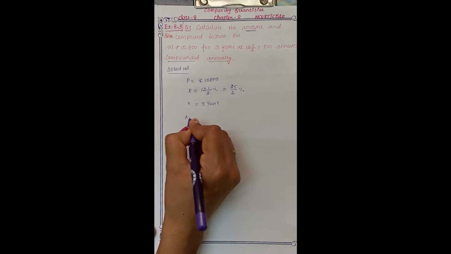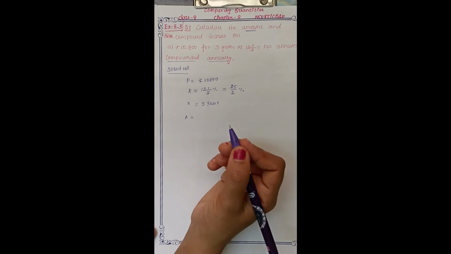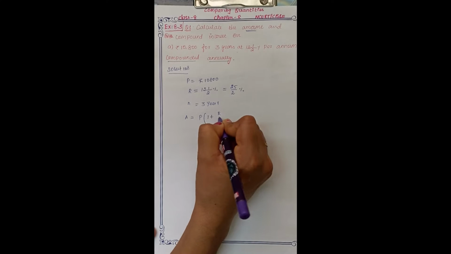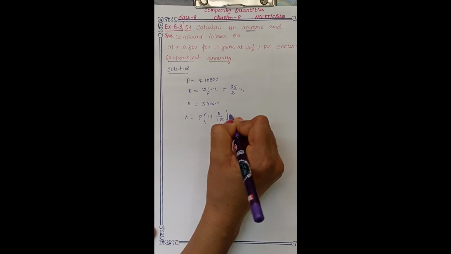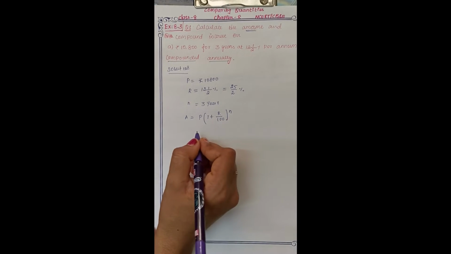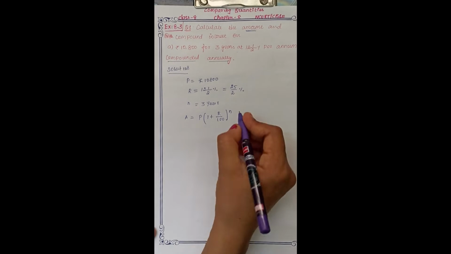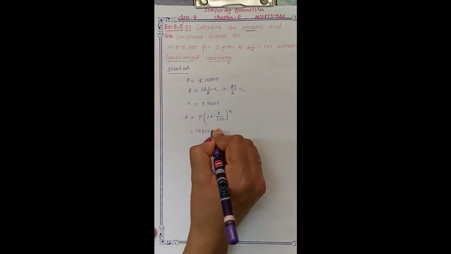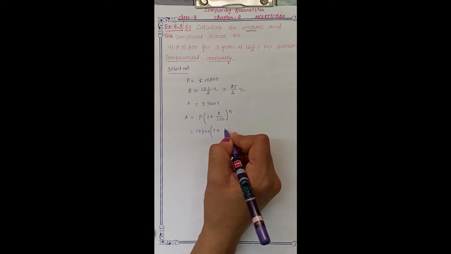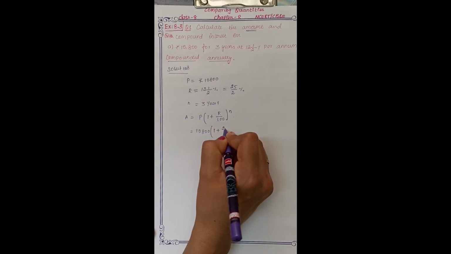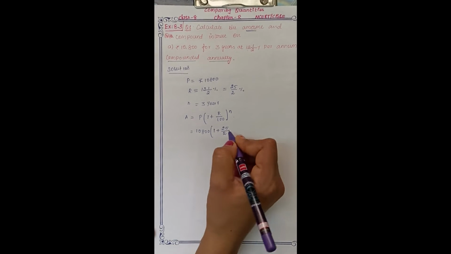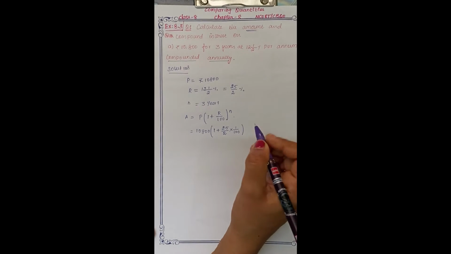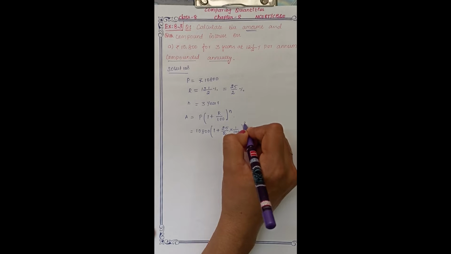So we know the formula to find the amount. A equal to P into (1 plus R by 100) to the power N. So this is the formula to find the amount. Here the principal amount is 10,800, 1 plus our interest rate 25 by 2 into, here we have 100, and N, the number of years, is 3.